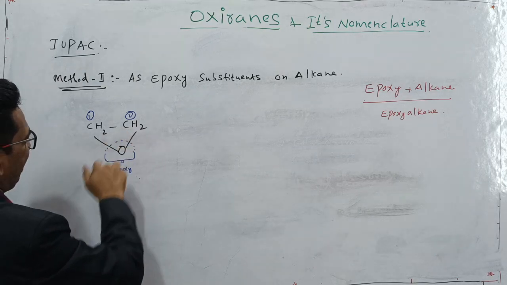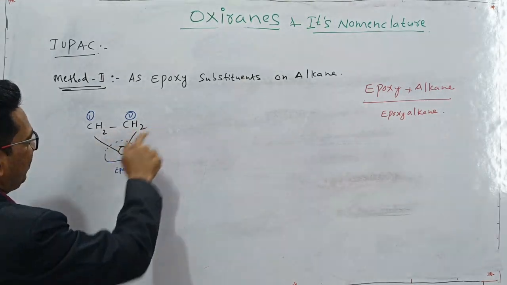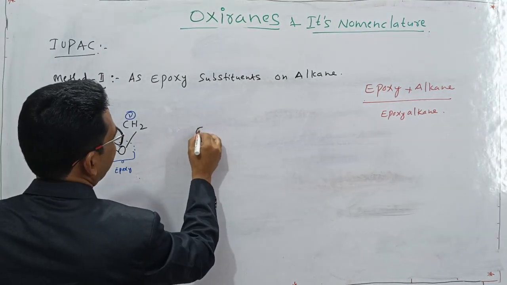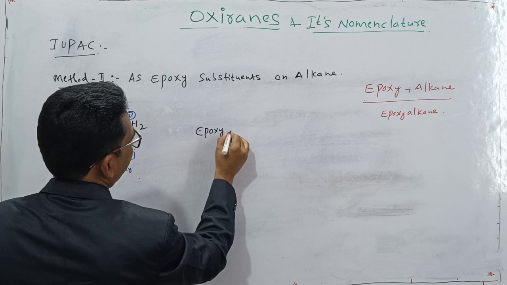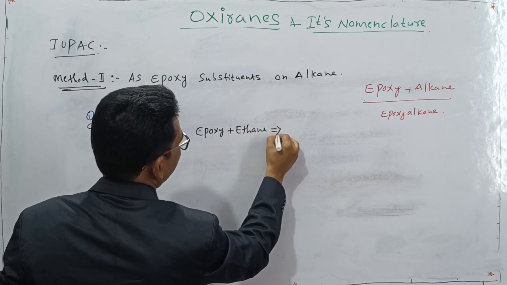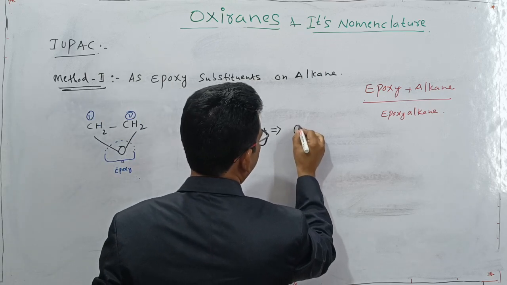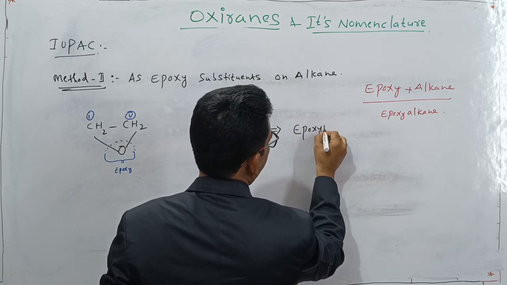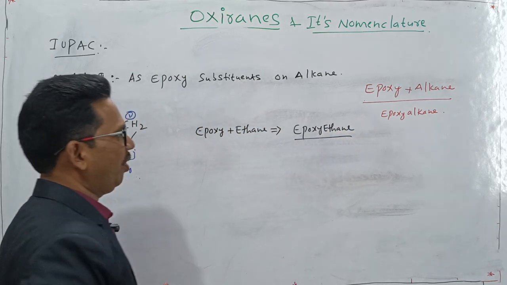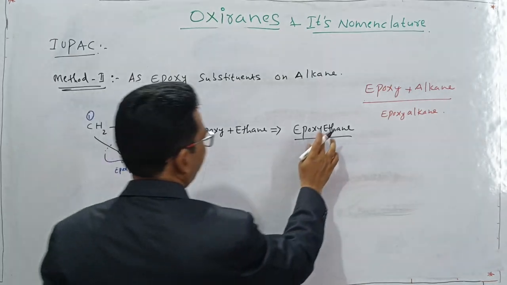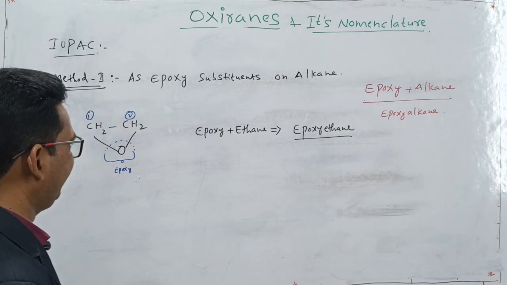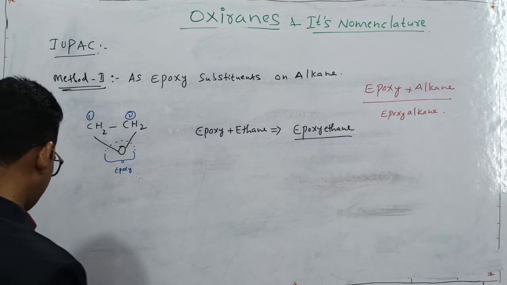Then how many carbons does it have? 2 carbons. What is the alkane name? Ethane. That's why epoxy plus ethane. Then what is the nomenclature for this one? Epoxy ethane. You have to write it in small letters here. Epoxy ethane. Now another example I will give.